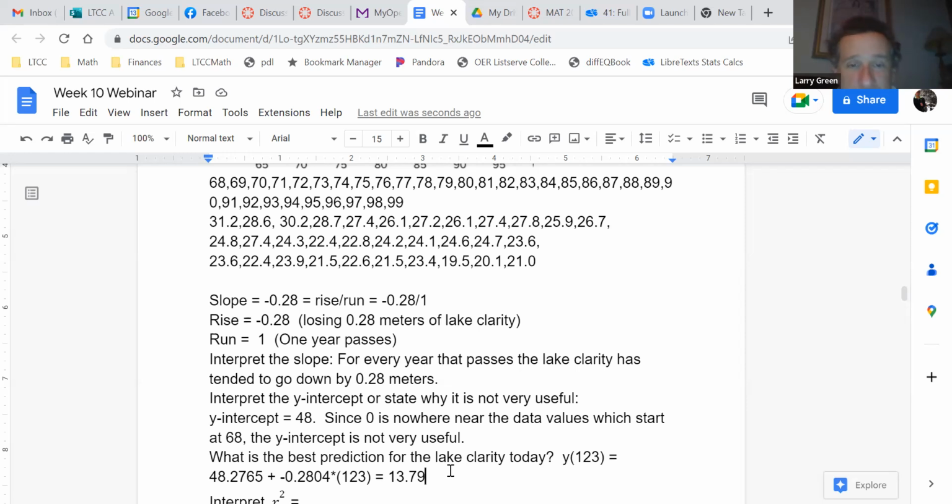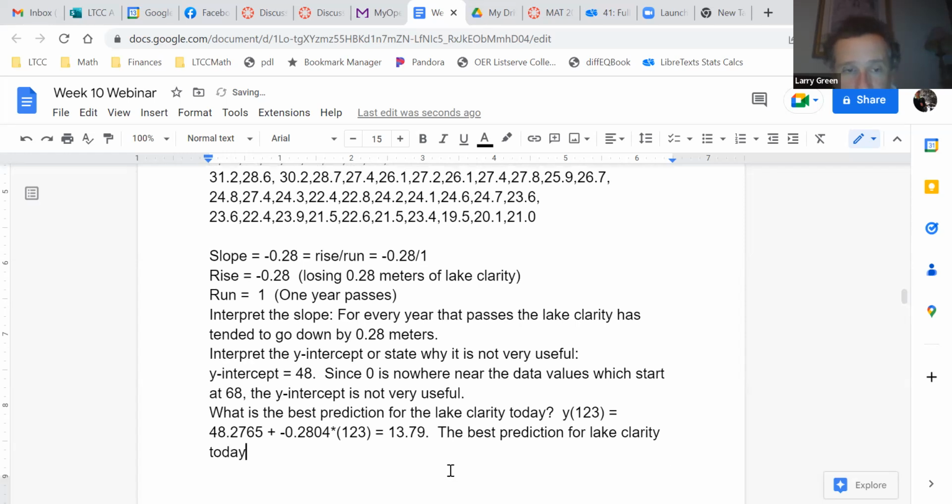So the best prediction for lake clarity today, based on the data, is 13.79 meters. Any questions on that? Okay, and that's if, between the year 2000 and today, the trend kept going. Does that make sense?